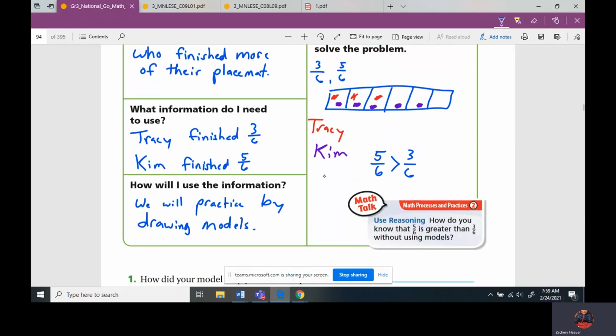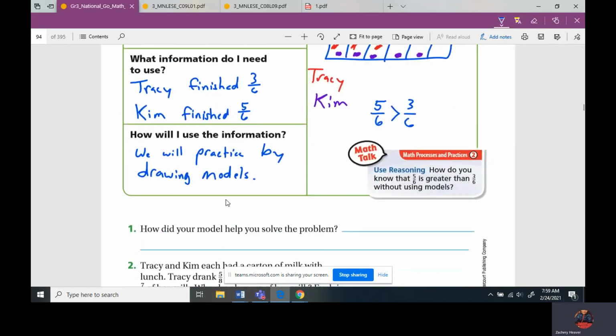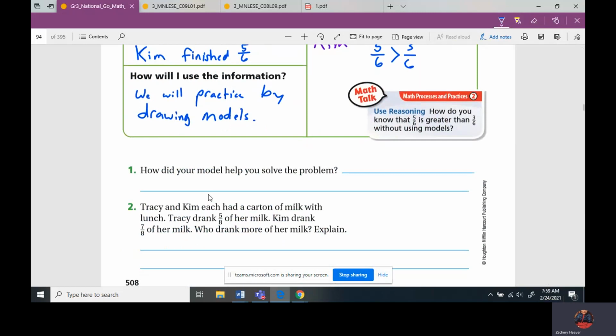Now, there's one more way that we could do that, but you have to know your multiplications. I'll explain that in person then. So, how did your model help solve your problem? If you need to pause this right here, pause it, please, because I'm going to keep going. How did your model help solve the problem?